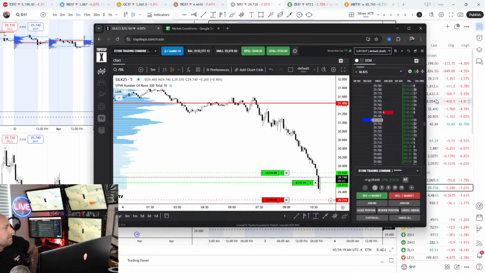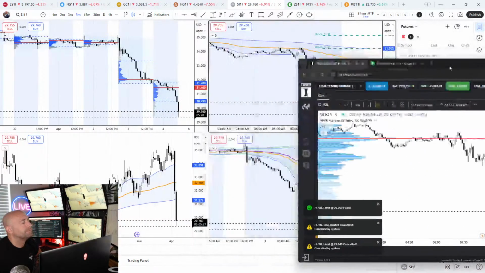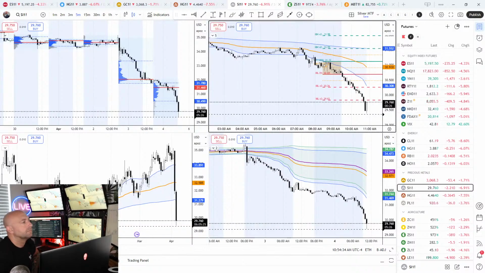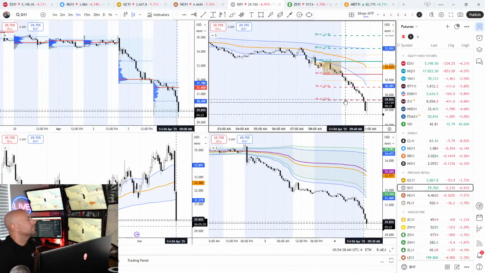Small size. Order filled. Nice. Right back up to IB triple extension on silver. So level to level.